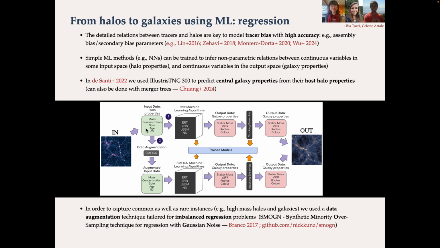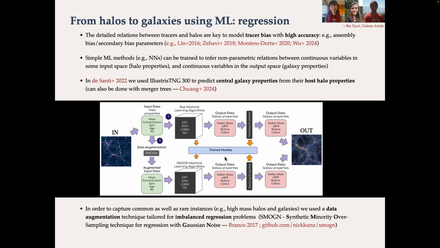So basically the inputs are the halo mass, halo concentration, spin, age, and the local environment, delta 3. So that's the density over a 3 megaparsec radius. So that's the input. The output are the galaxy properties.